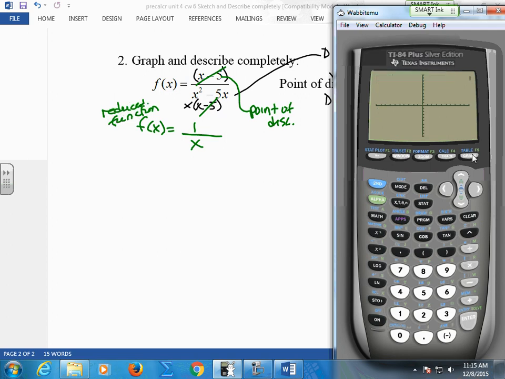So we graph. So cool, right? I look at my domain restrictions, I see that I can't use 0, and I see that I can't use 5. Agree? Okay, now, I'm going to graph in here my reduced one.